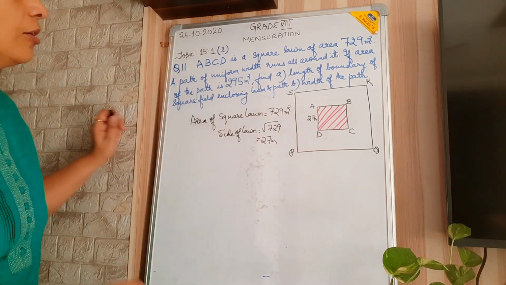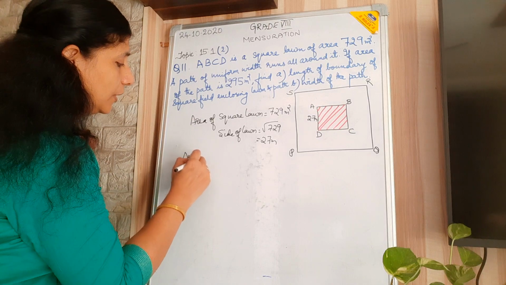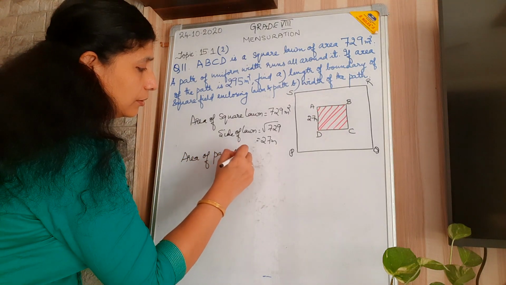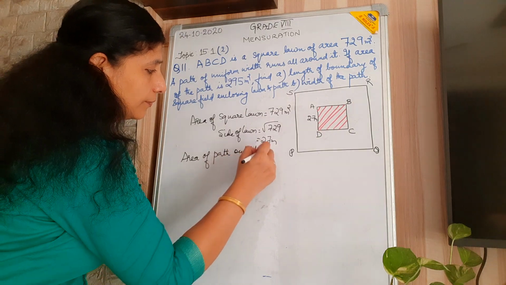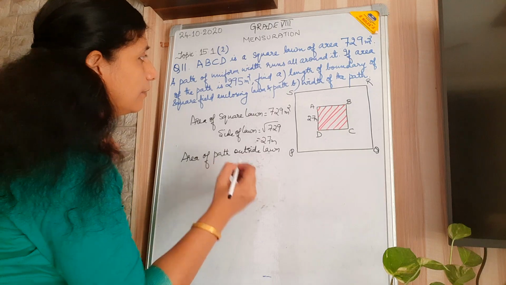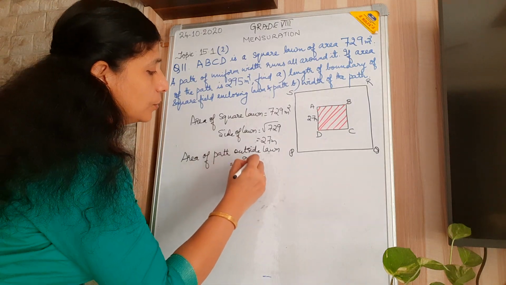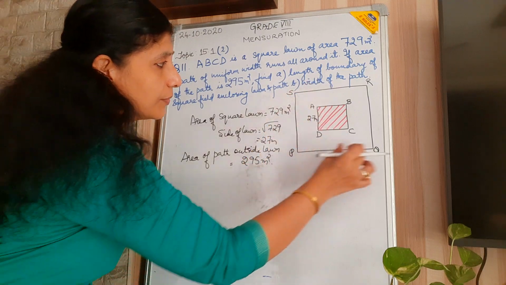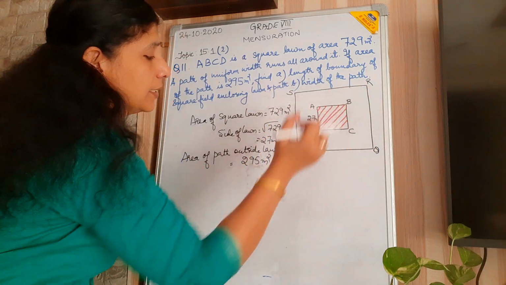Now the area of the path outside the lawn, going around it, is given as 295 meter square. So the area of the path is 295 and the lawn is 729.